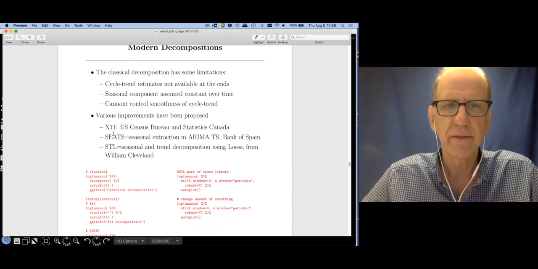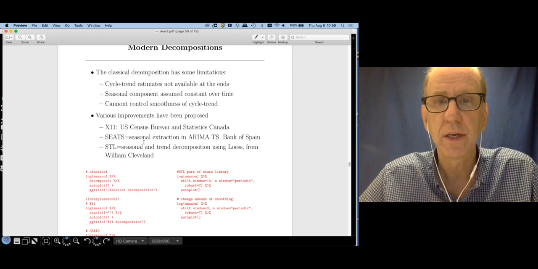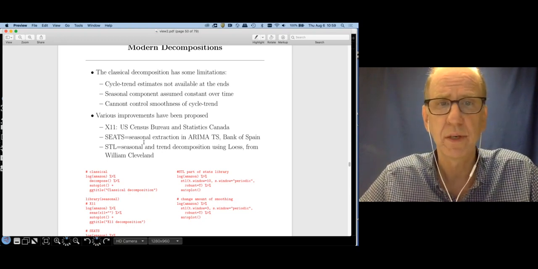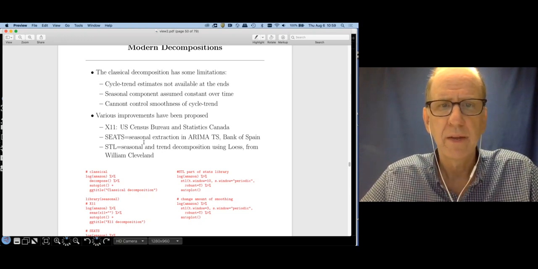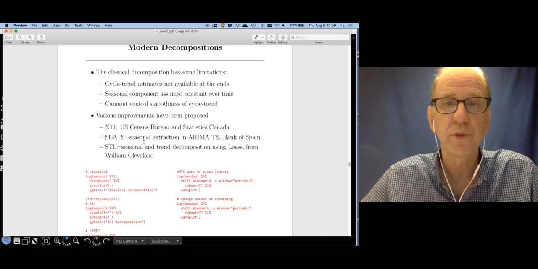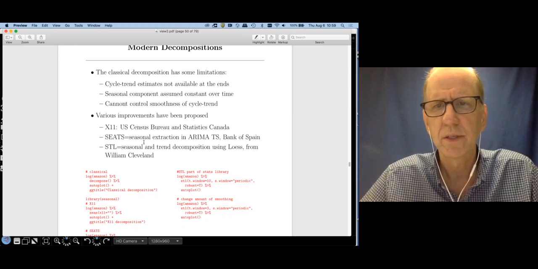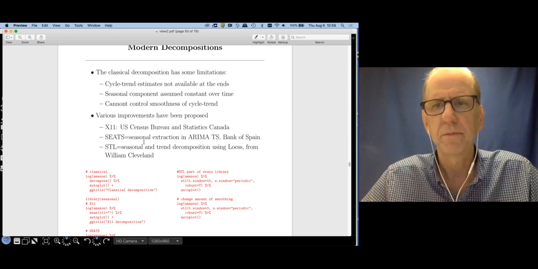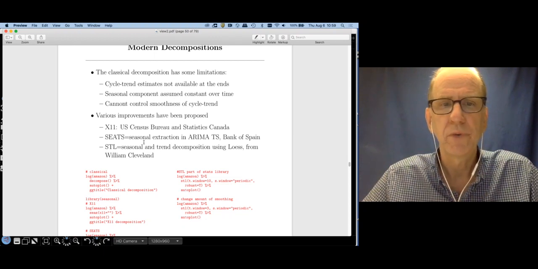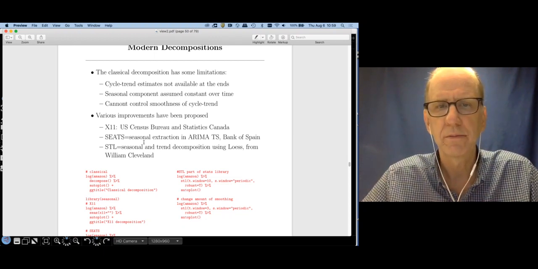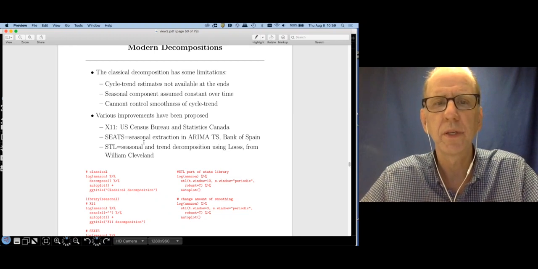So there's X11, SEATS, which is the seasonal extraction in ARIMA time series decomposition, and then STL, the seasonal and trend decomposition with LOESS. LOESS is another smoother that was developed by the very famous data visualization scholar and statistician William Cleveland.